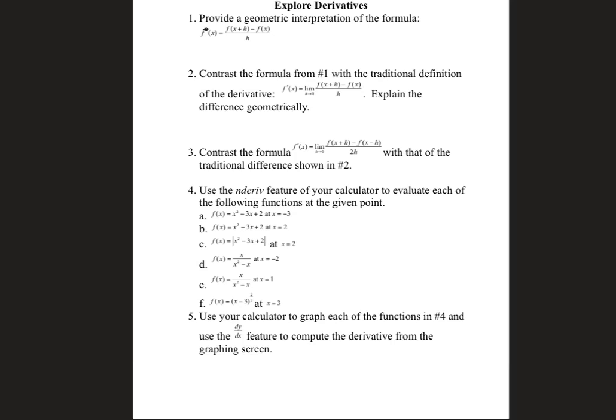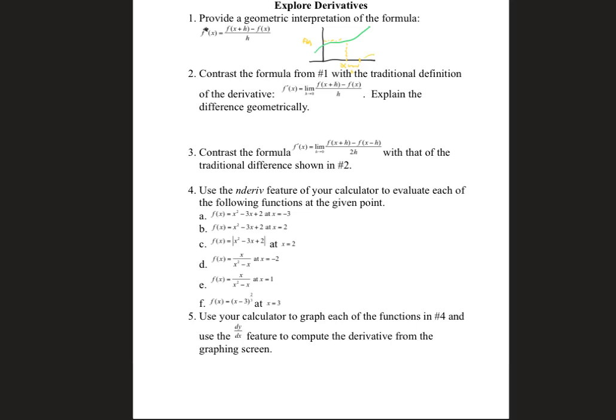So we're asked for a geometric interpretation, which means what does this mean in terms of a graph? So if we draw a little graph here, and here is our function, and here is the point x, and this then is the point f of x over here, and we go a little ways away from x, a distance of h away from x.